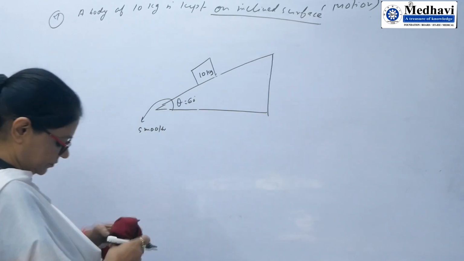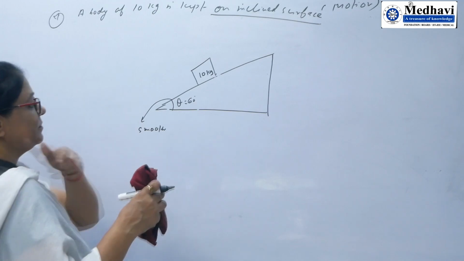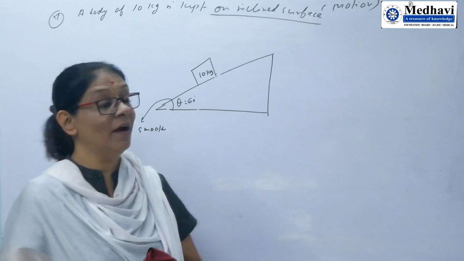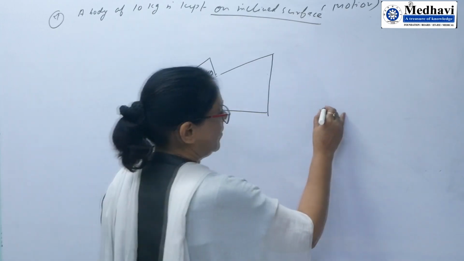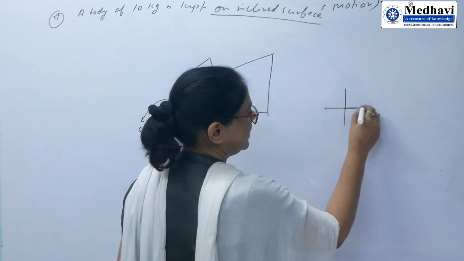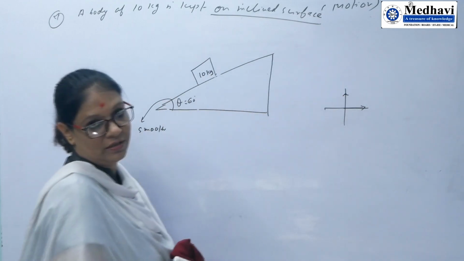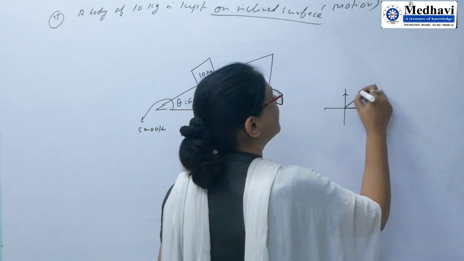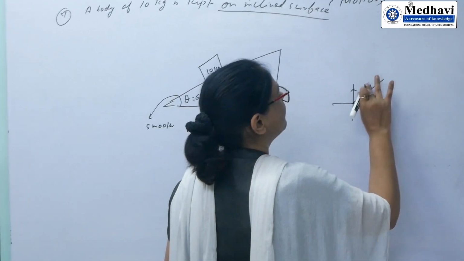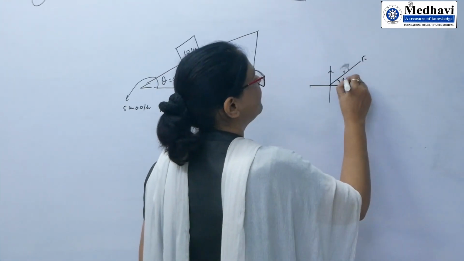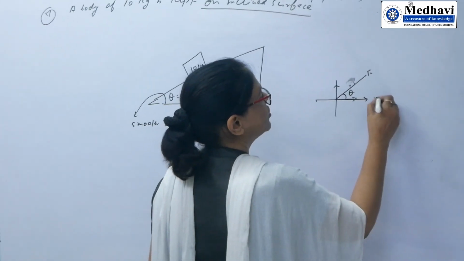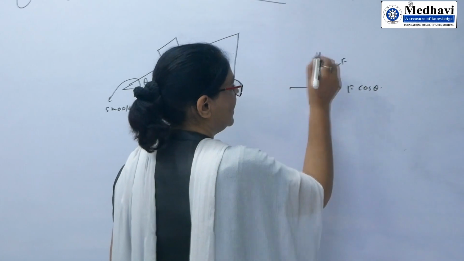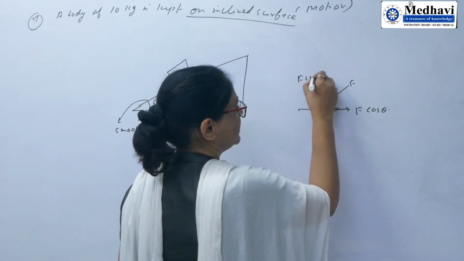Theta is okay. In this case, we will use the component part, resolving. Whenever we are going to solve numericals, we have to solve them either in the x direction or in the y direction. If a body is inclined to a surface, or a force is acting inclined to the surface, then we will resolve it into two directions. The direction in which theta is there is cos theta, and its opposite direction is sin theta.